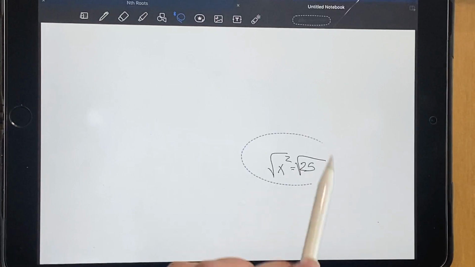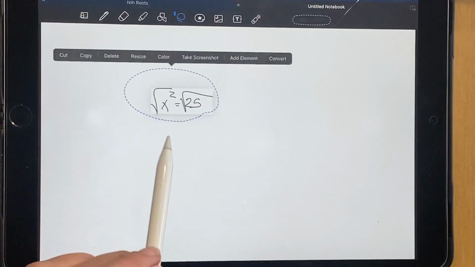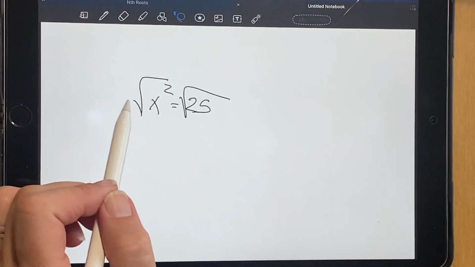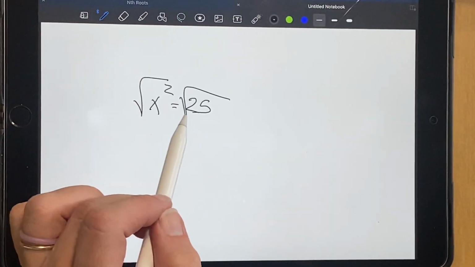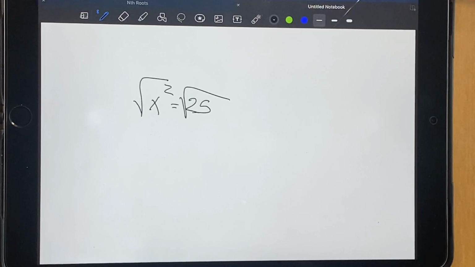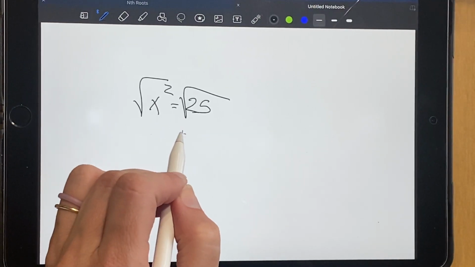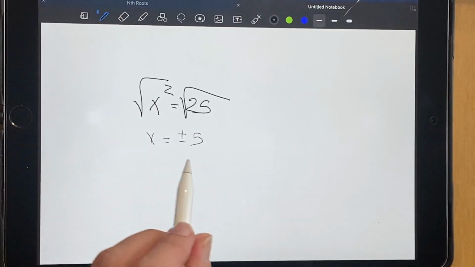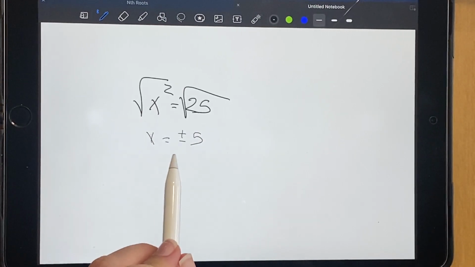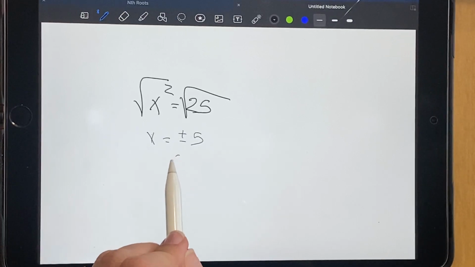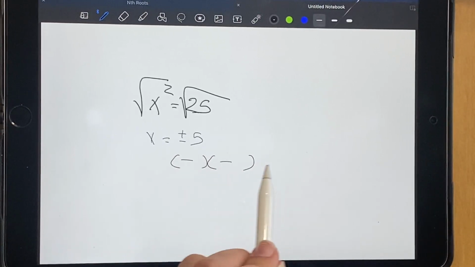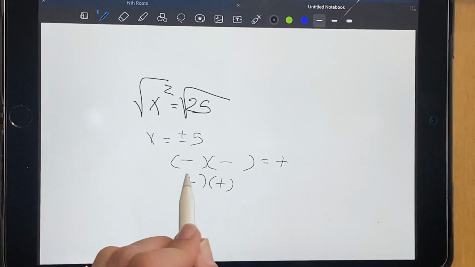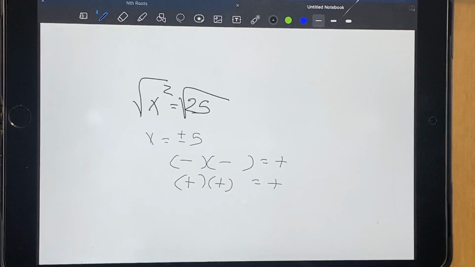So if I take the square root of these, then when I take the square root of something that wasn't already squared, I have to add that plus or minus in, because x can be both positive 5 and negative 5. That was because we know in math that 2 negatives always equal a positive, and 2 positives always equal a positive.